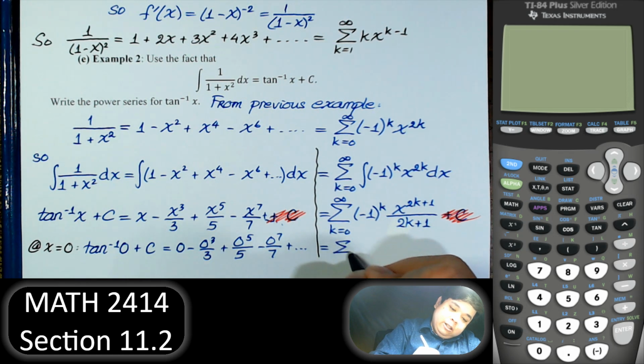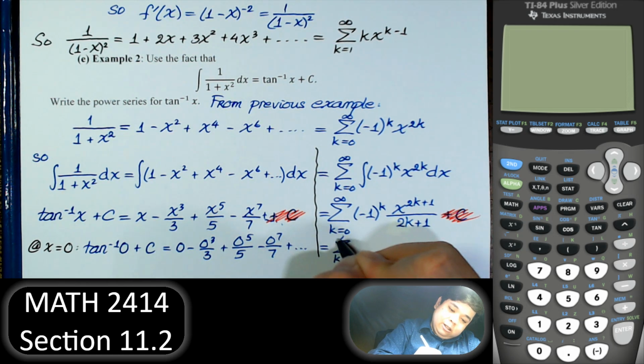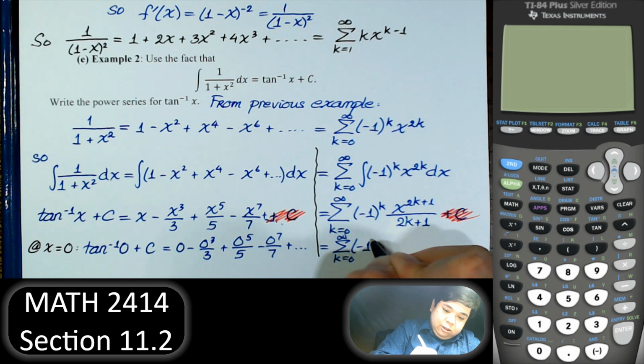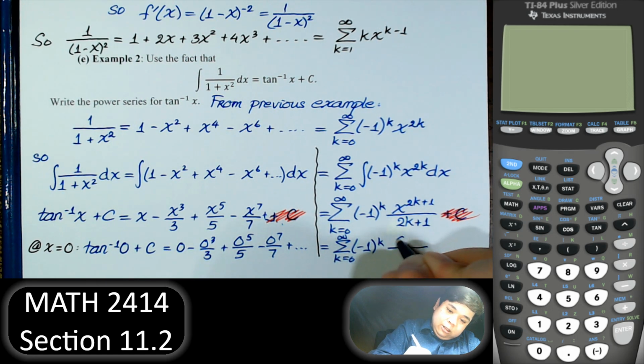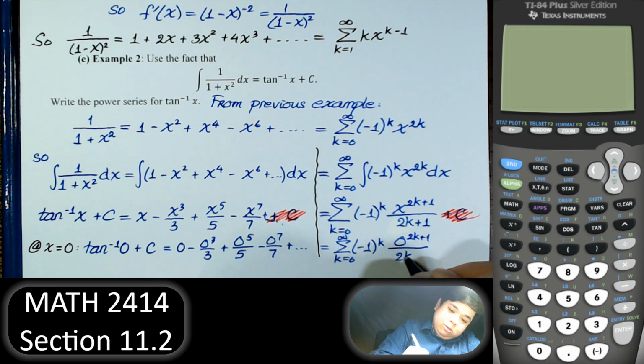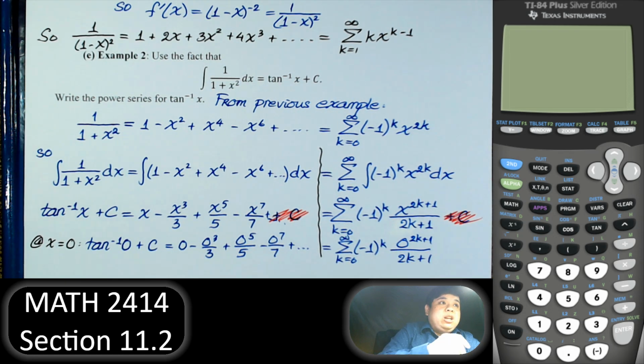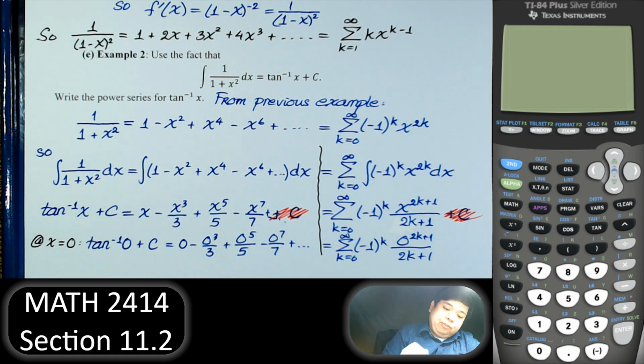In the series, 0 to the 2k plus 1 over 2k plus 1. Yeah, we only need a constant on one side, on this side.